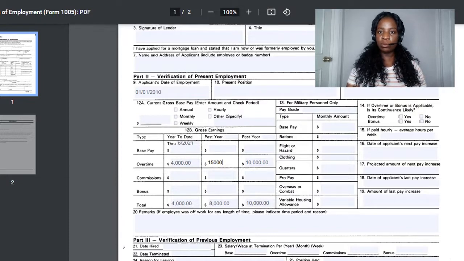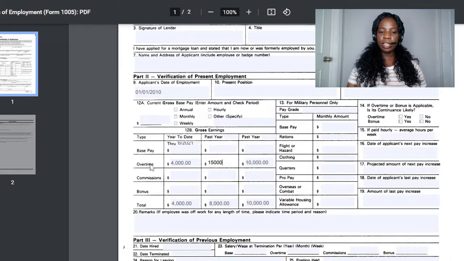Okay, maybe there was a little dip. Why was there a dip? Okay, it makes sense. Even though it makes sense, I'm not going to just reward them for this $15K that they got last year. I'm going to hit them with the loss and say, okay, if they can qualify with the amount of the dip, then this is solid income. So I hope that makes sense for you.